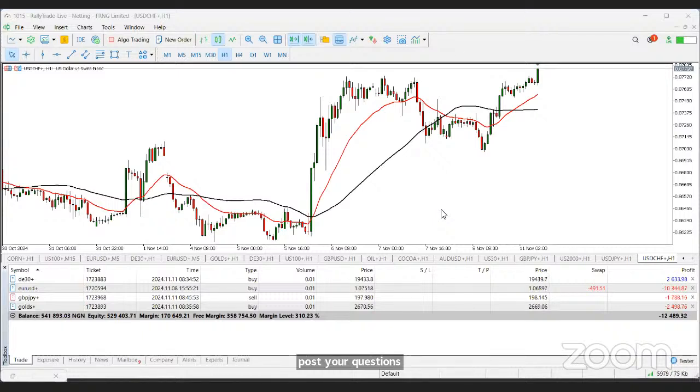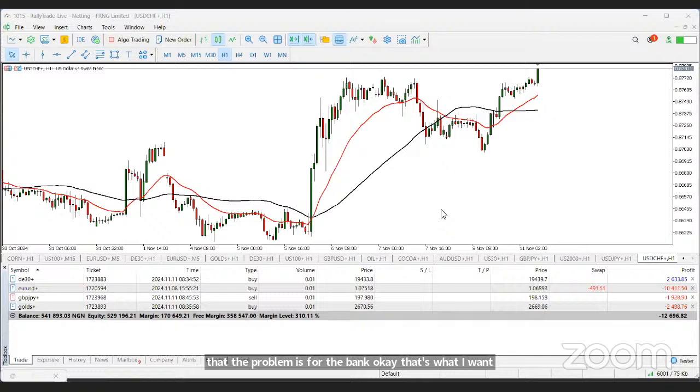So somebody says he made a withdrawal since the 16th of October and is yet to receive his funds. Well, I want to believe that the problem is from the bank. Normally when you make a withdrawal, it's between 24 and 48 hours before you get your money.